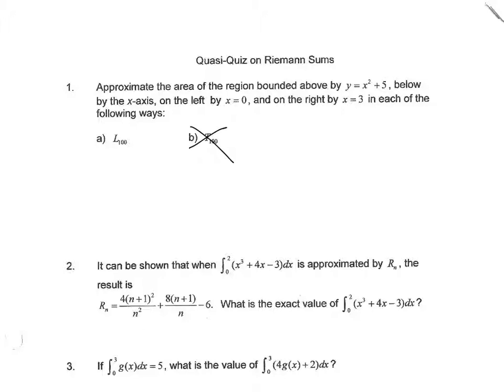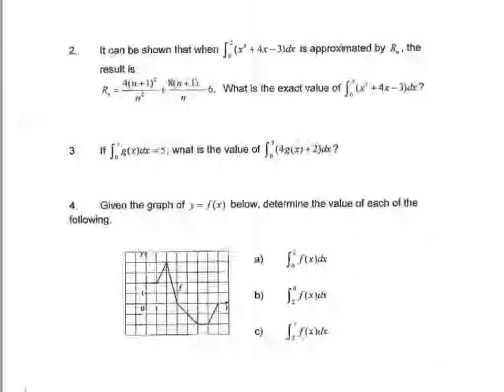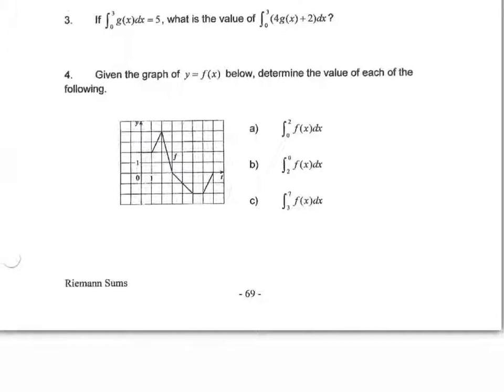So remember that dx is b minus a over the number of subintervals. End point minus start point over the number of subintervals. That's how you find your dx. That's how wide each subinterval is going to be. You can do number 2. The rest of these you should be able to do.